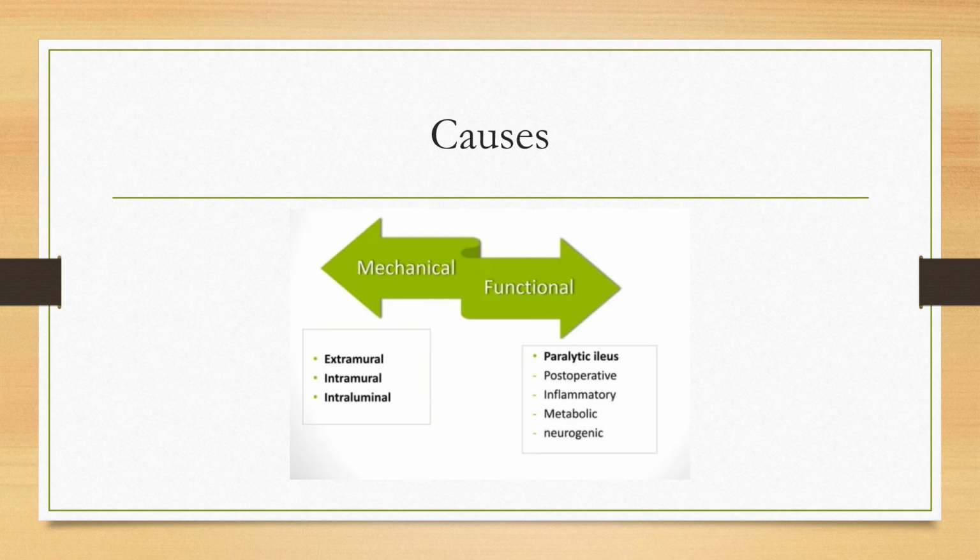Intramural is within the wall of the bowel, and intraluminal is inside the lumen. Then the functional obstruction, which is also known as the adynamic obstruction, is caused by paralytic ileus, which can be due to post-operative, inflammatory, metabolic, and neurogenic causes.